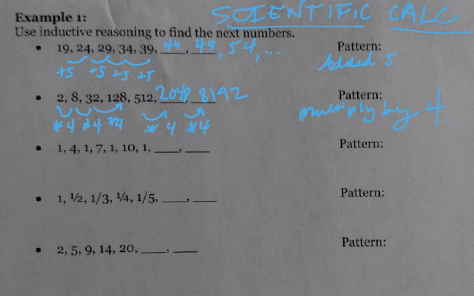To look at this one, you might pause for a second and be like, well, we're going up and then going back down and going up and going back down. And you might try to look at the pattern in different ways. The way I'm seeing this one is I see plus 3, minus 3, plus 6, minus 6, plus 9, minus 9.